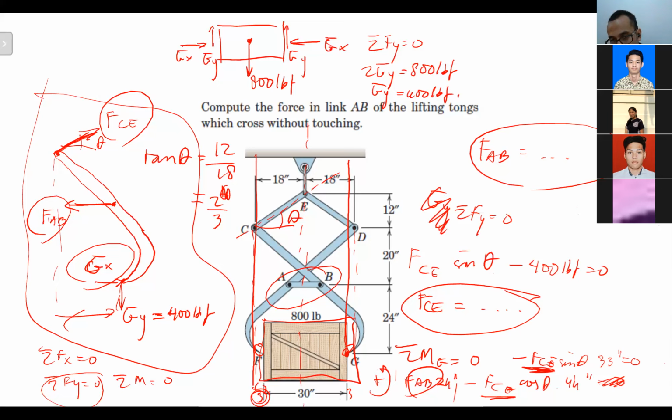Because it's the same as C to D, then minus D to G. So it's 36 minus 3, so 33. Correct, right? Okay, that's where the 33 inches comes from. Okay, any other question?